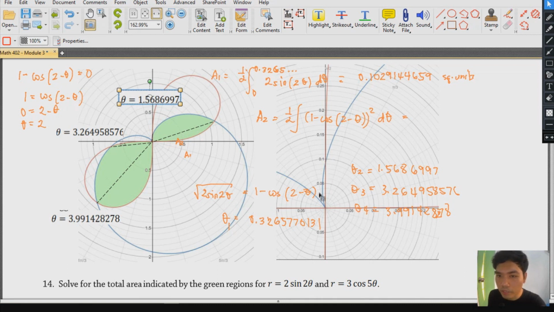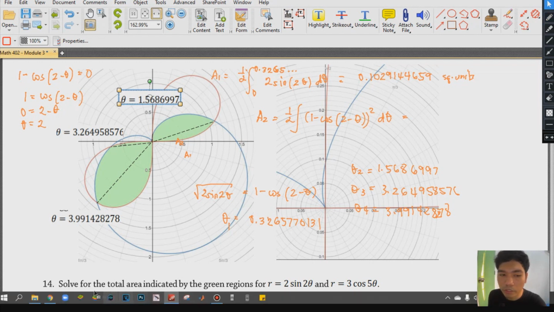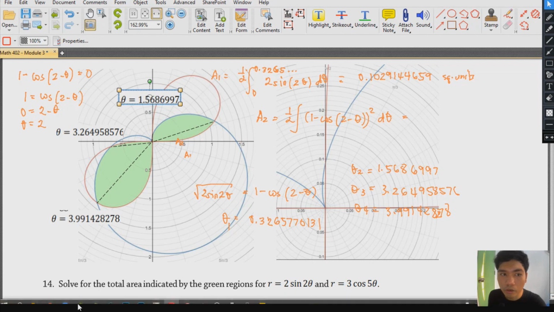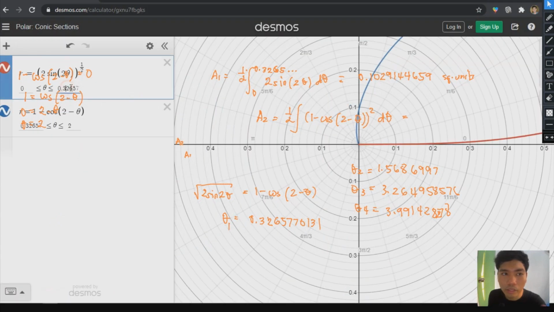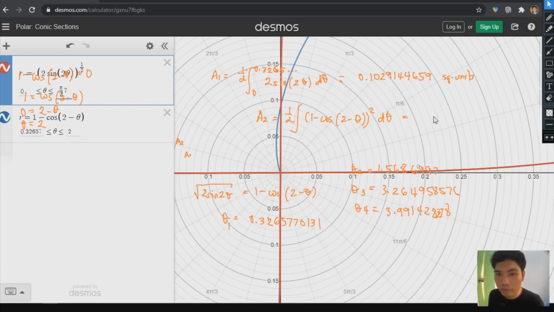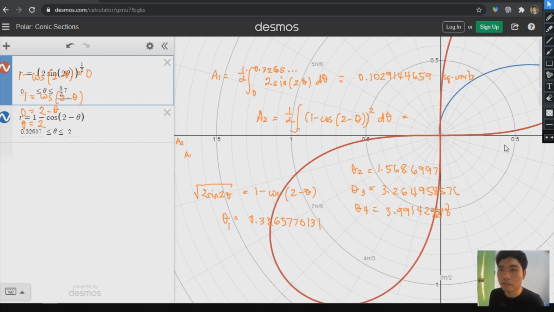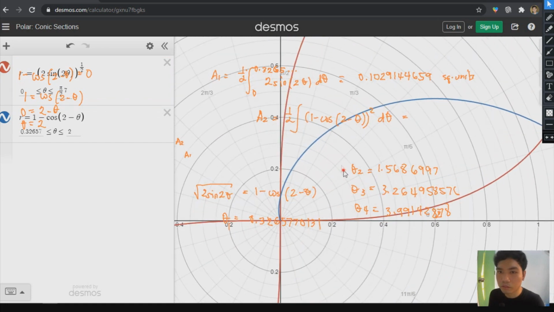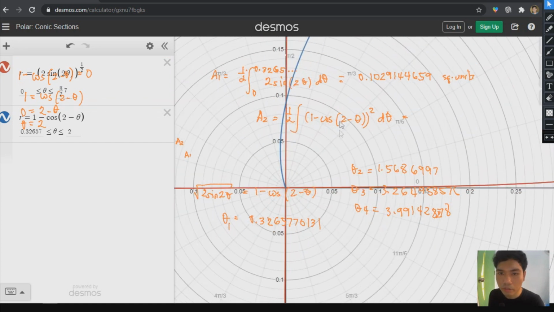Kasi, dun sa intersection na yun, kung mapapansin natin, if we try to zoom this in, gawin natin siyang from 0 to, let's say, pi over 2 as well. So, ayan, meron pa silang certain intersection to that. Ayan, kita nyo ba yan?